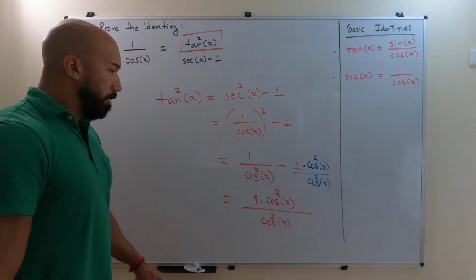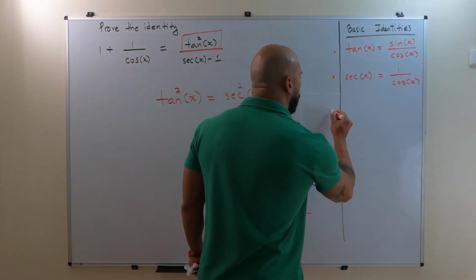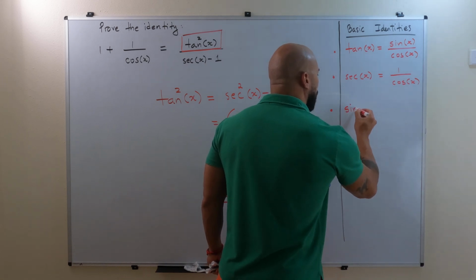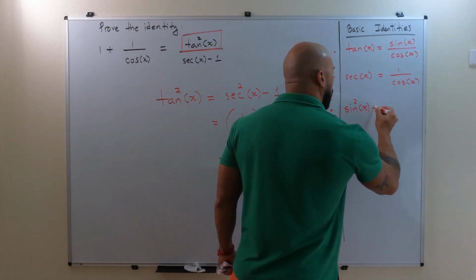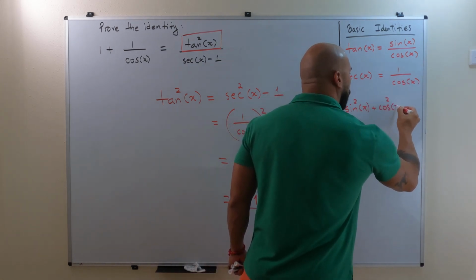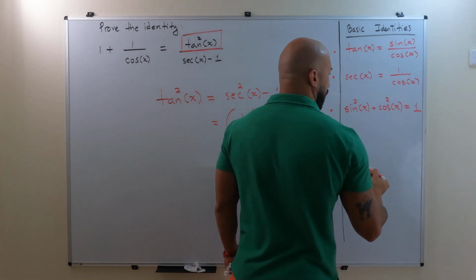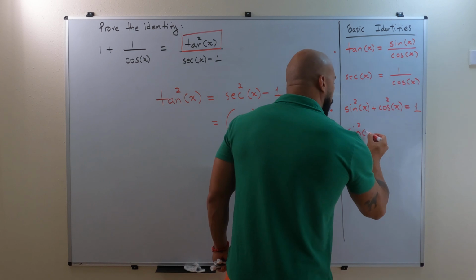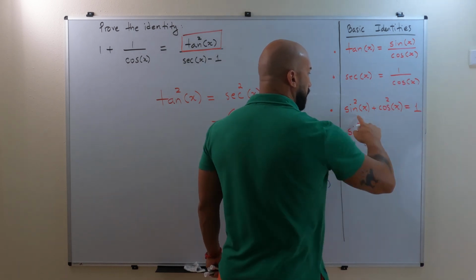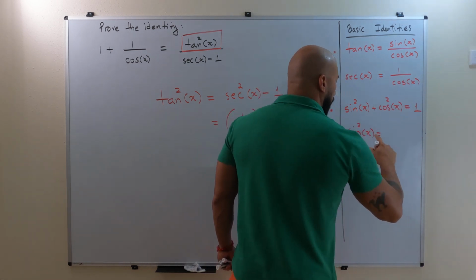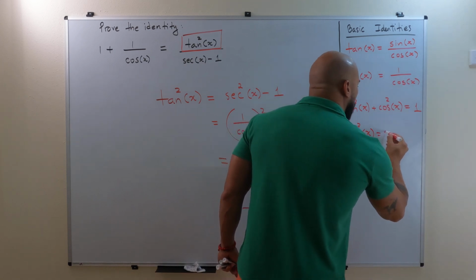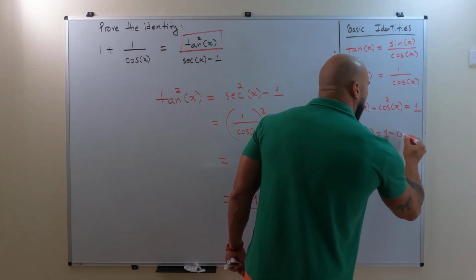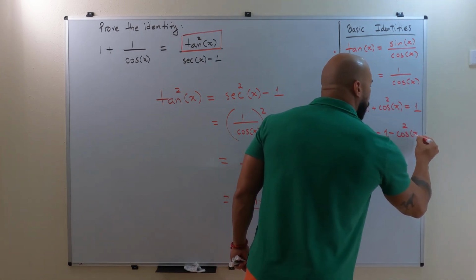Alright? But we know that another basic identity is sine square of x plus cosine square of x is equal to 1. So solving this for sine square, we get that sine square of x is equal to 1 minus cosine square of x.